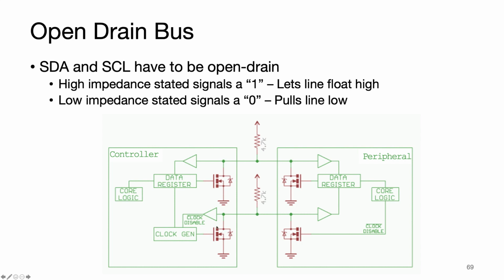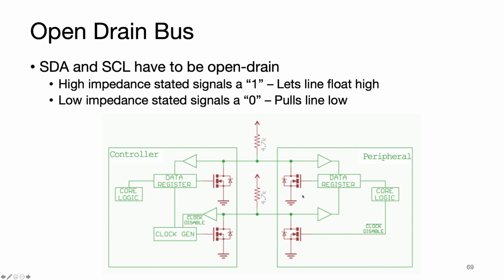MOSFET, for instance, an open drain that is pulling this data line down. And so if you want to send a 1, you put this MOSFET into high impedance mode. And if you want to drive a 0, you open it, you put it into low impedance mode, which drives this thing down and drives some current in there. And that way, you can have as many peripherals on there, and they can all share the bus.